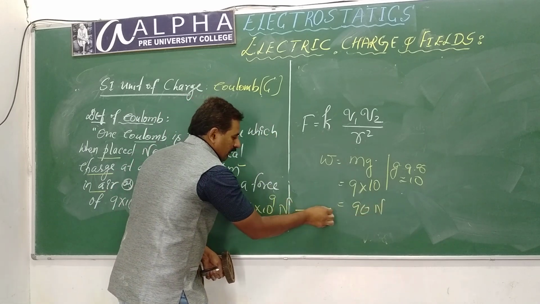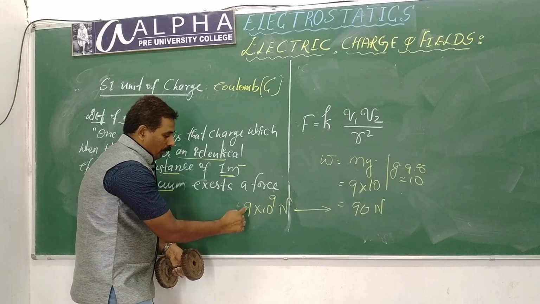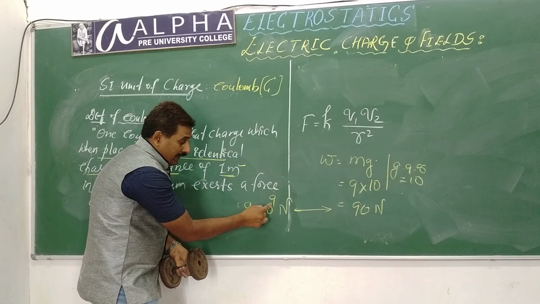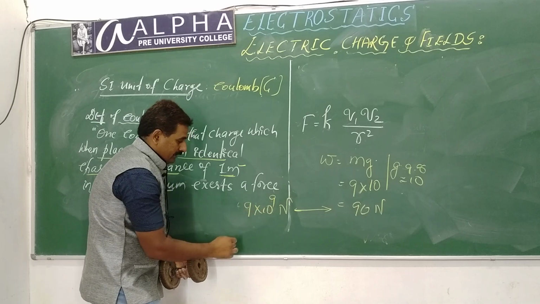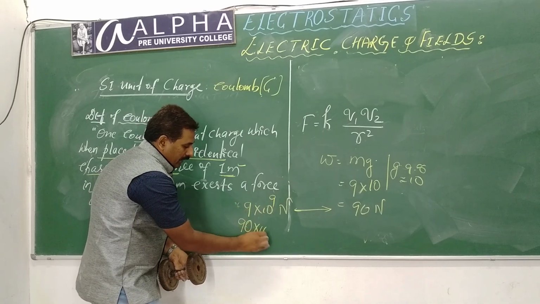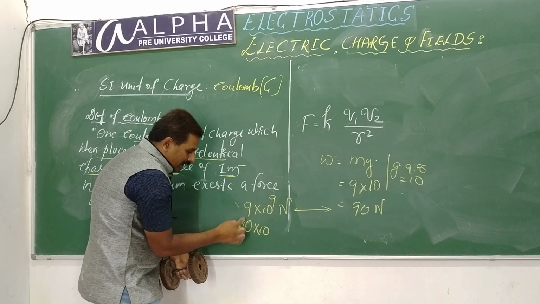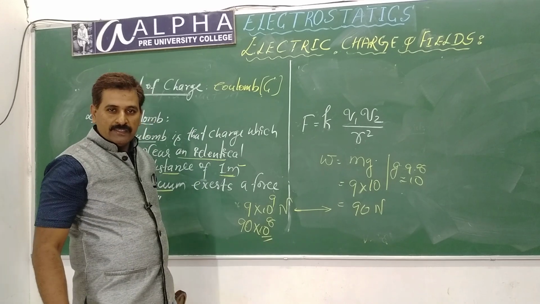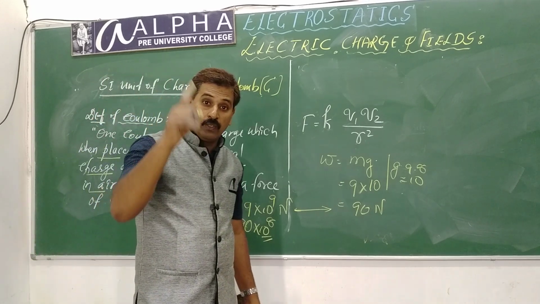Compare these two values. Now to make it 90, what should I do? Out of 9 × 10^9, I take one 10 here, it becomes 90, and since I have taken one 10, the remaining is 10^8. 10^8 means 10 crore.